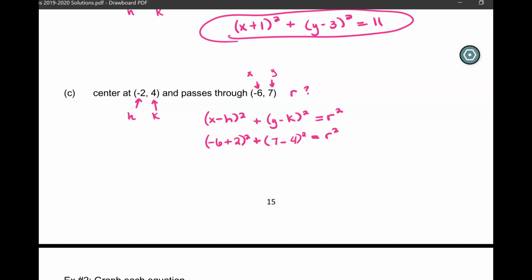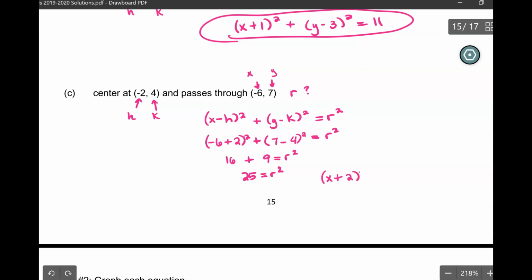So -6 plus 2 is -4 squared, 16. 7 minus 4 is 3, squared is 9. I get 25. I could take the square root, but I don't need to, because the formula is equal to r squared. So now I'm going to go back and put in x minus h, so x minus -2, that's x plus 2 squared, and then y minus 4 squared equals r squared, which we said was 25.